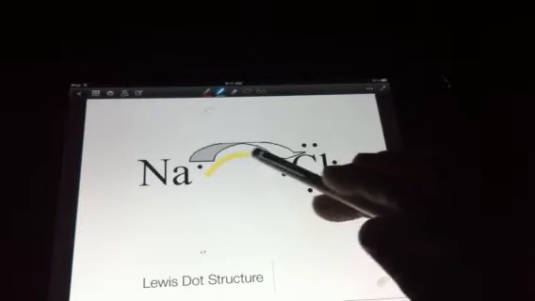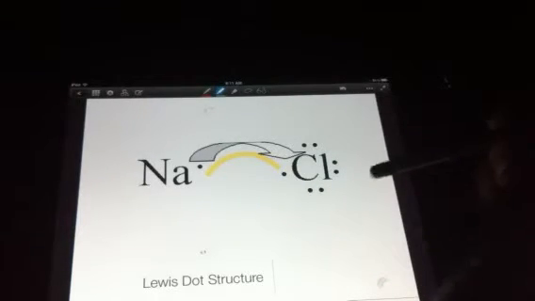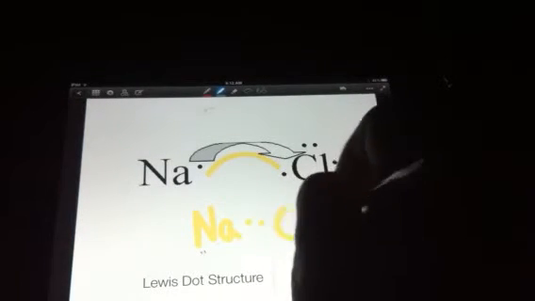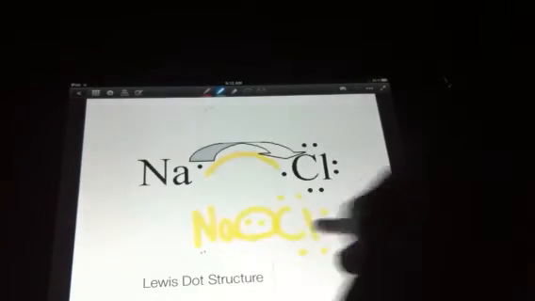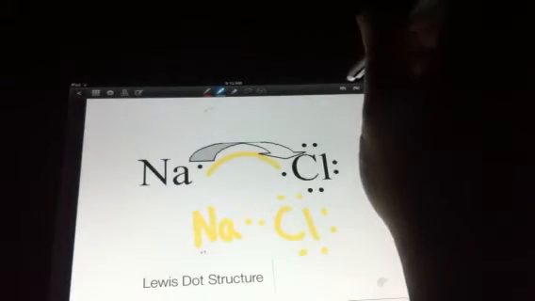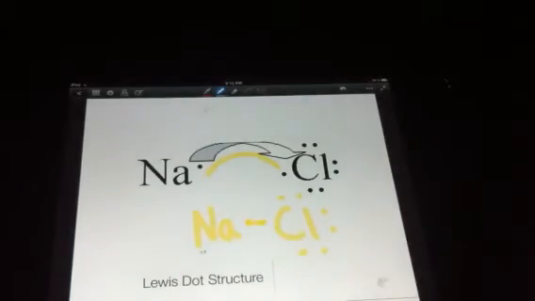Again, this one gives to the chlorine to make a bond. And so when I draw these, I end up with basically Na dot, and then chlorine is here. And this represents a bond. I could have also drawn it like this with a line.